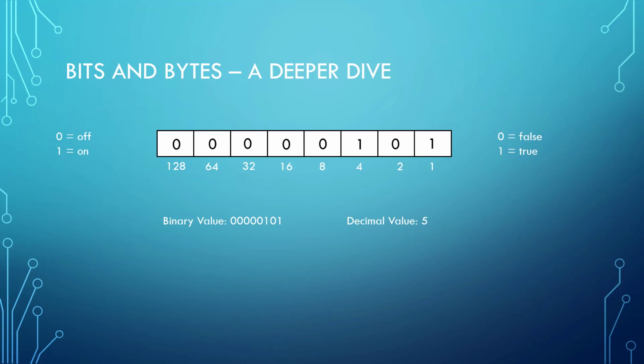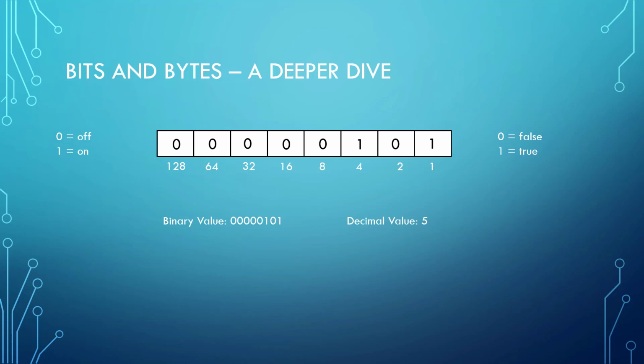So you just simply add the decimal values together for each one of the bits that are set to true. In this case, we add 4 and 1 together. So this particular binary value within this byte represents the decimal value of 5.